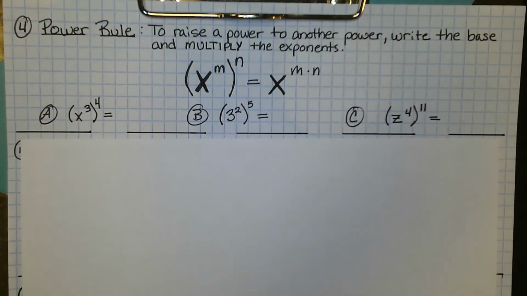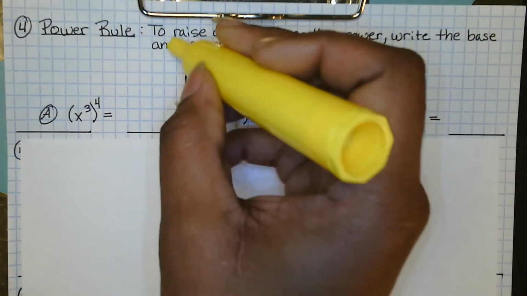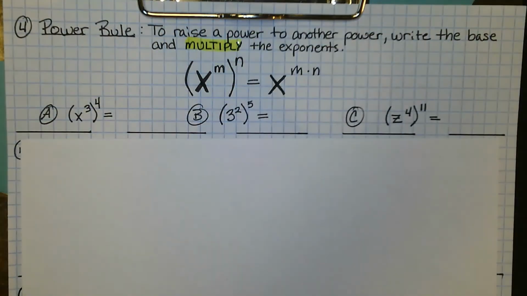The next rule we're going to discuss is the power rule. To raise a power to another power, write the base and multiply the exponents.